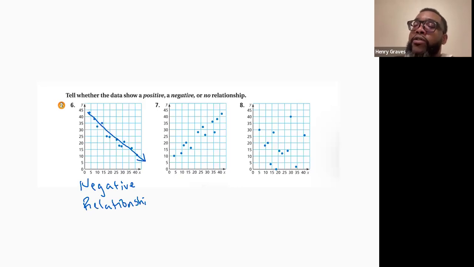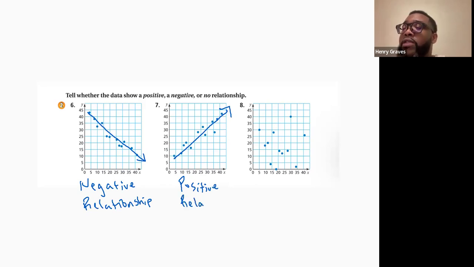So this is a positive association or positive relationship. It's a relationship you want, where we have positive vibes all the time. And of course, this one is no relationship because if you connect the dots, it's all over the place. You cannot even predict where this is going to go. So this is going to be no association, no relationship.